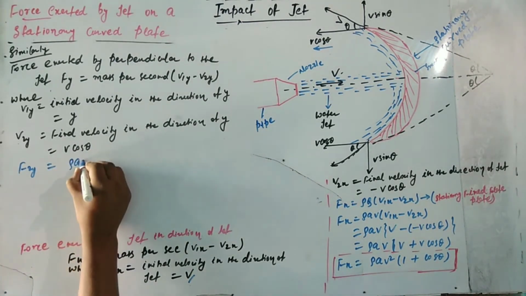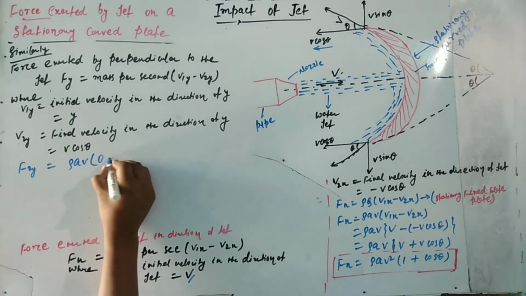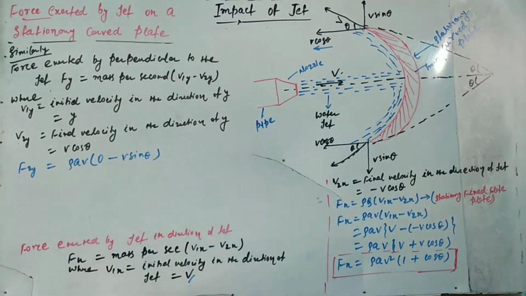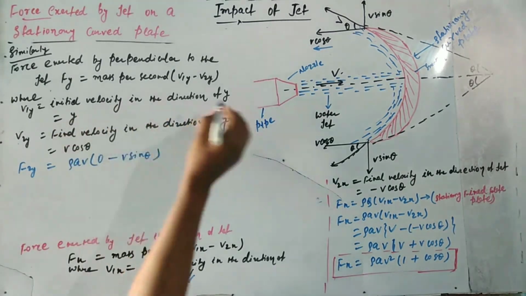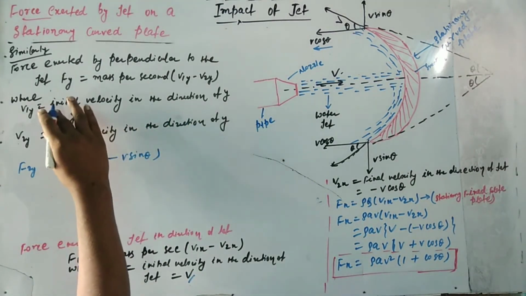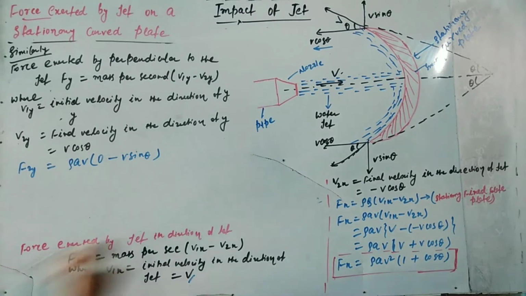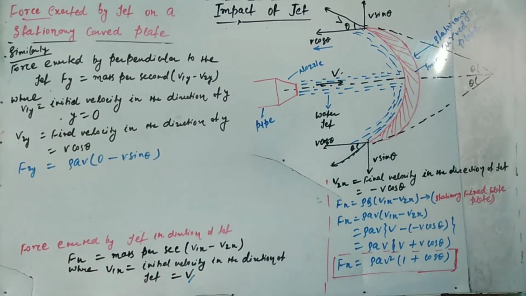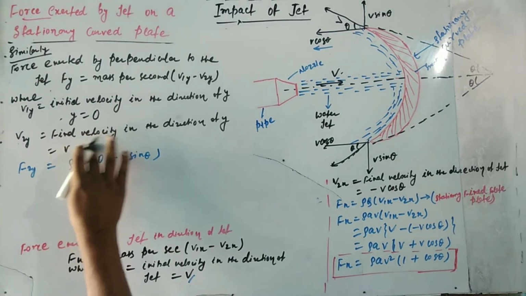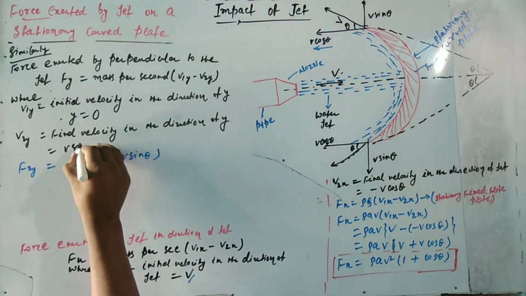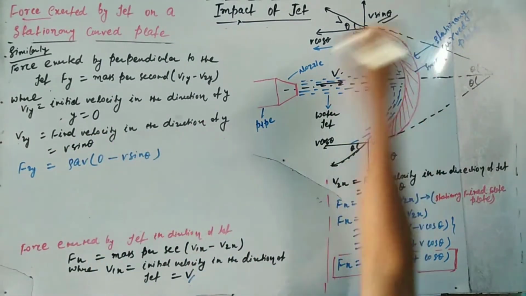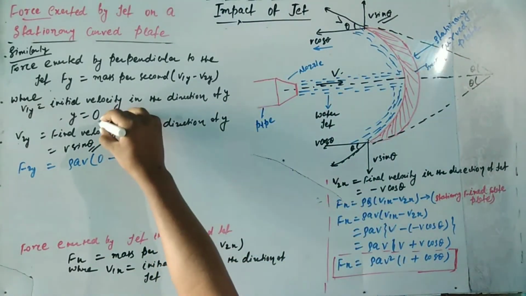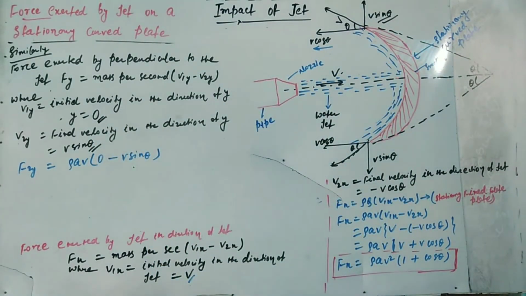So Fy is equal to rho A v into (0 minus v sin theta). Here the initial velocity in the perpendicular direction is equal to 0, because there is no velocity in the perpendicular direction. So 0 minus v sin theta; v2y is the final velocity in the direction of y, equal to v sin theta.